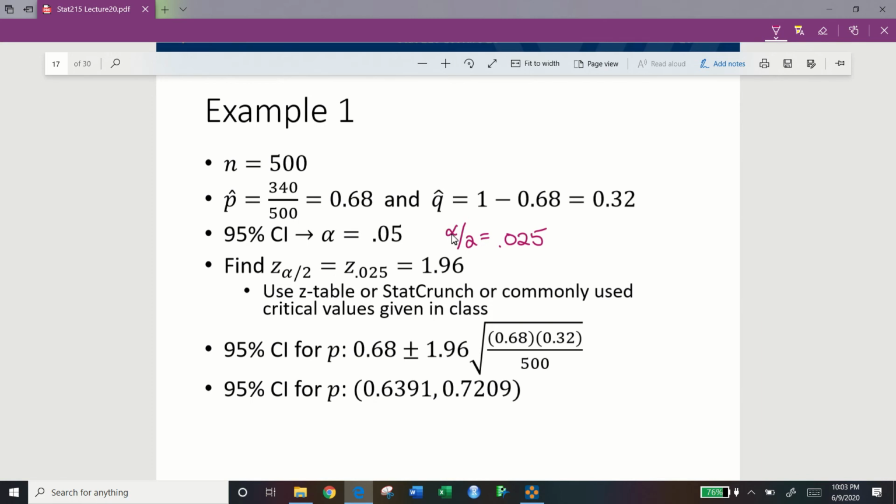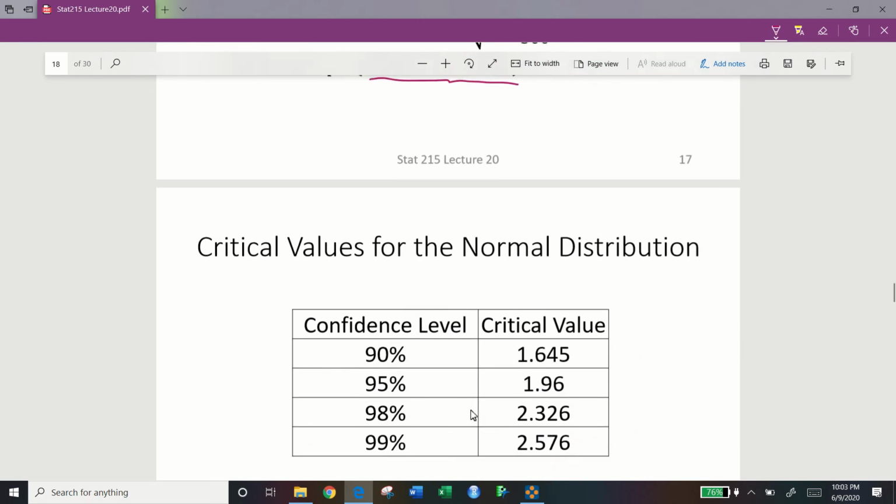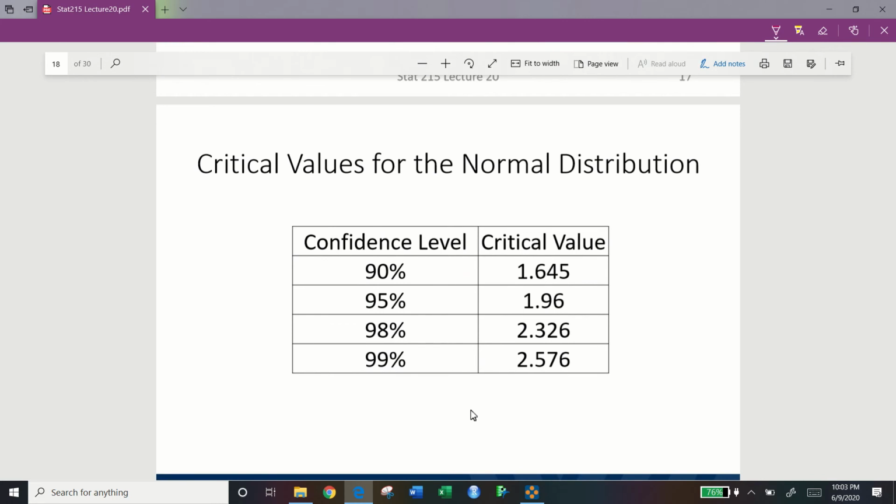This would simplify for our 95% confidence interval to be 0.6391 to 0.7209. Again, if you haven't memorized these very common critical values for the normal distribution table, I highly recommend you do so.